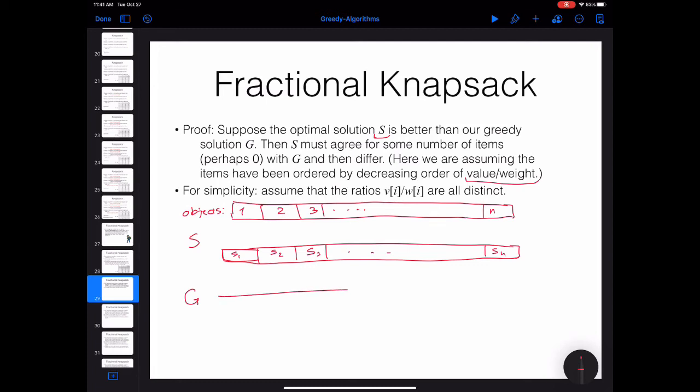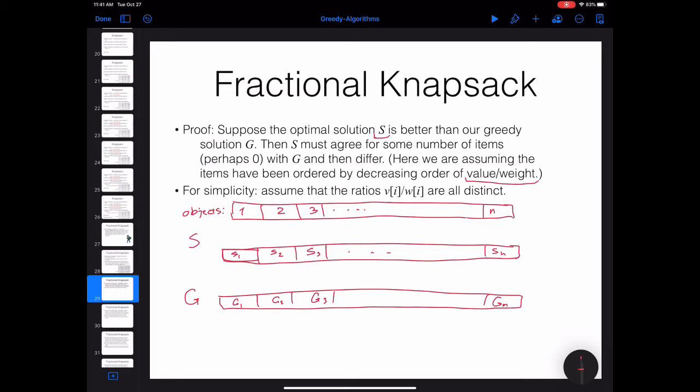I can write down the same thing for G as well: how much from object 1 I'm taking in the greedy, how much from object 2, object 3, until the last object. I'm sorting all these objects based on the value per weight, so the first object is going to have the highest value per weight ratio. I've sorted these objects in decreasing order based on the value per weight.